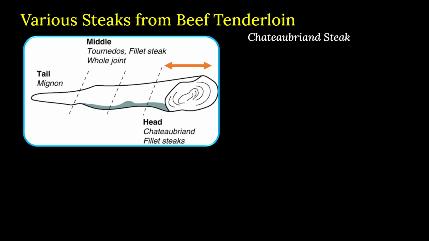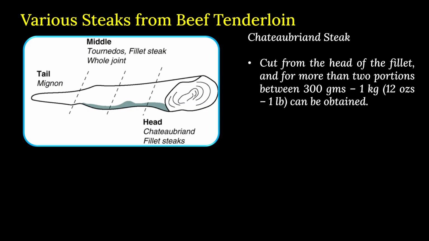What is the explanation for that? It is a cut from the head of the fillet, meant for more than one portion. It is so big that it is never meant for one person, it is meant for two persons. The weight is around 300 grams to 1 kg, subject to the size of the animal and the size of the fillet you receive.